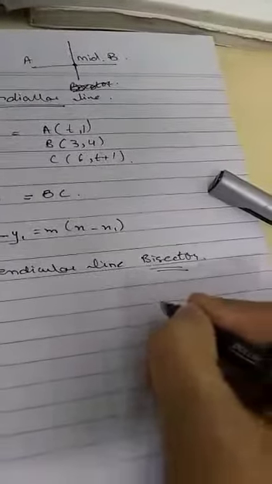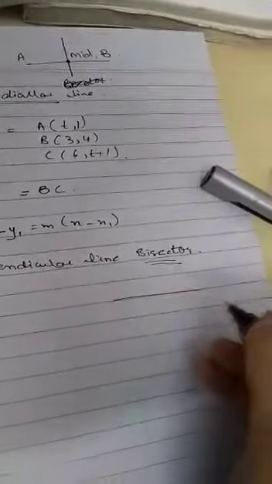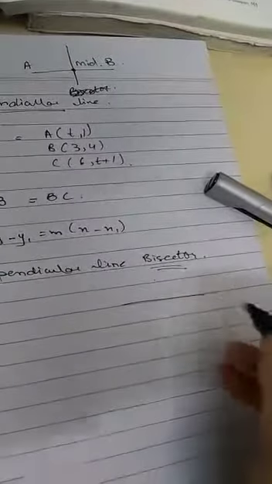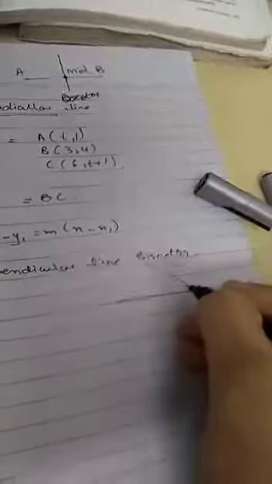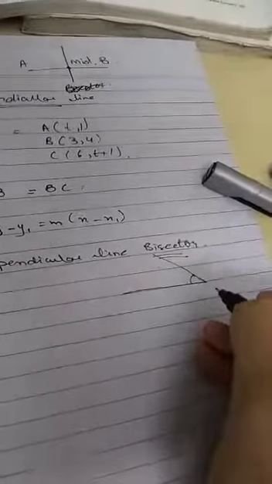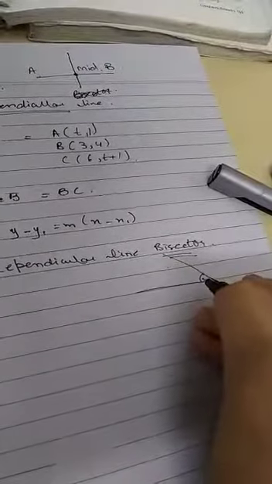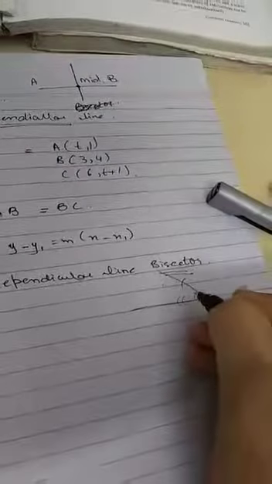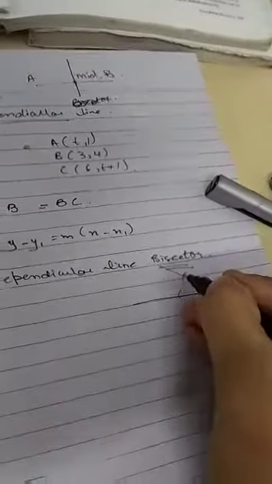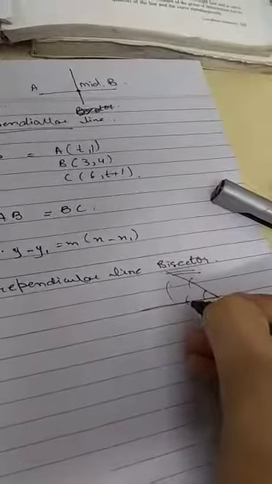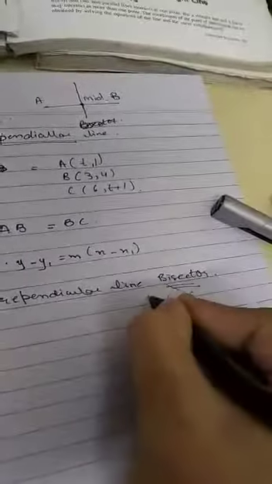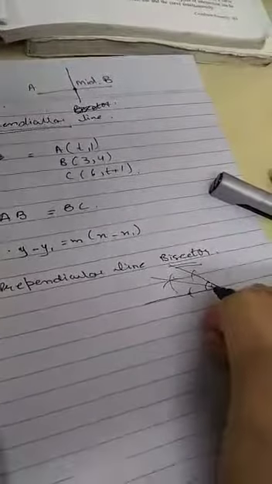For instance, angle bisector: we make an angle of, for instance, 60, and they ask us to make an angle bisector. We measure by compasses, make arcs here and here, then put the compass here and make an arc, and then put the compass here and make another arc. It will become an angle bisector.